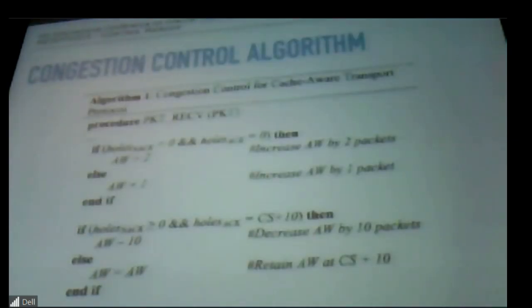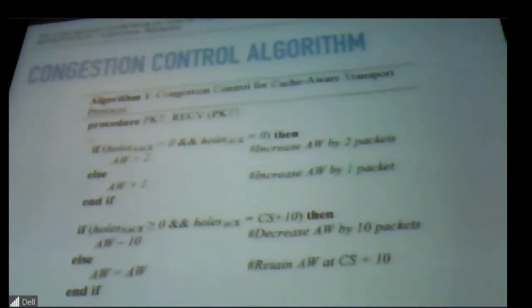So for the algorithm, basically from a fixed type of window, we dynamically move it by the values that the sender receives from the NAP and app. So if the sender receives a NAP without holes and an app, we increase the window by 2 packets. This numerical value is heuristically chosen.